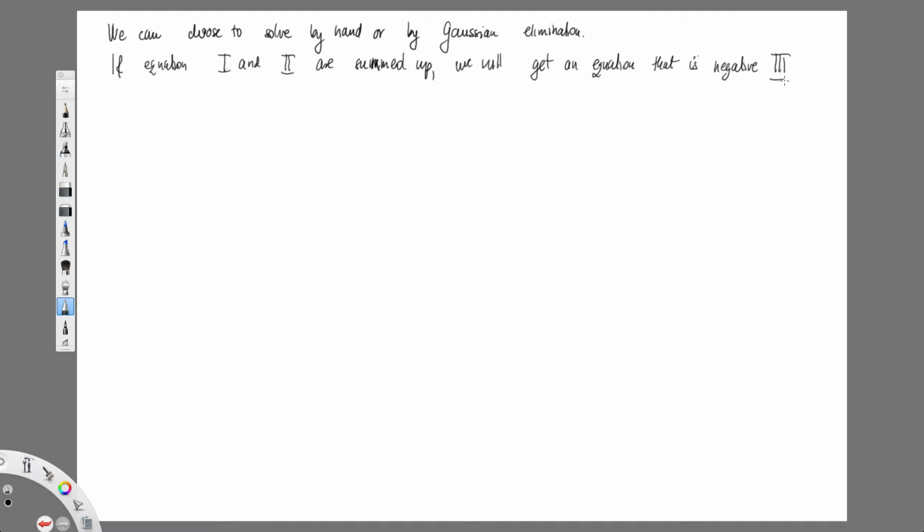So it's not independent of them. So basically, it is minus x2 minus x4 is equal to minus 100.